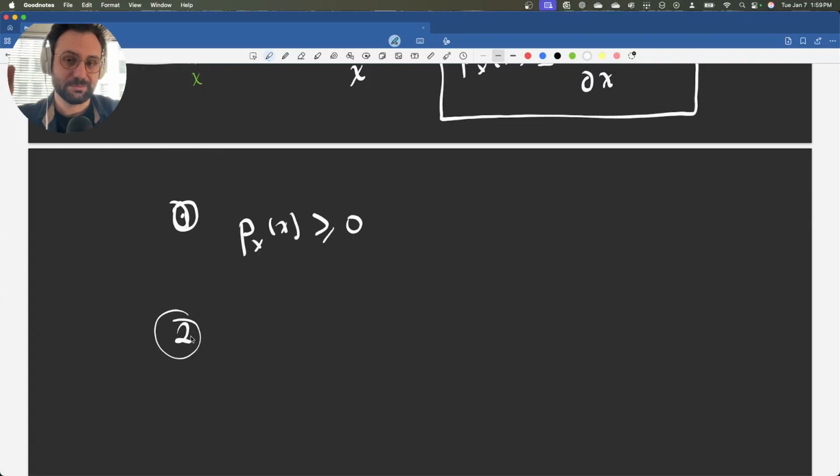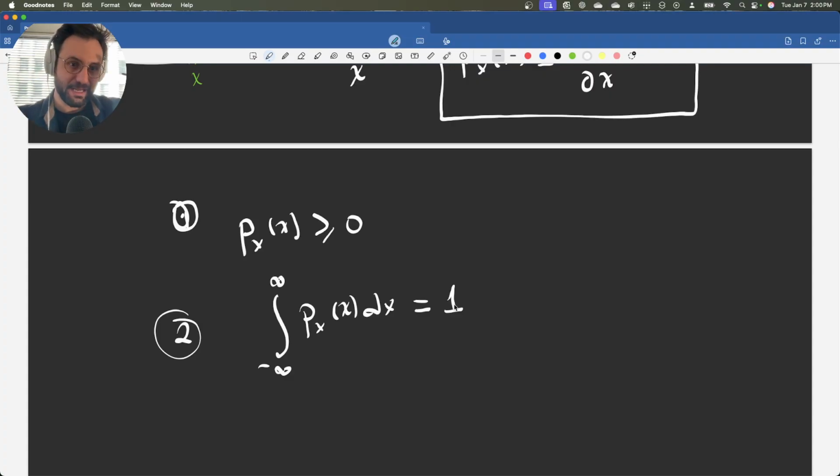And 2, by the way, it doesn't need to be less than 1, because all we need is that the area under the probability density function, probability of x dx, is 1. So we can, in theory, have a probability density function such that any particular point can be greater than 1, but the integral is always equal to 1.